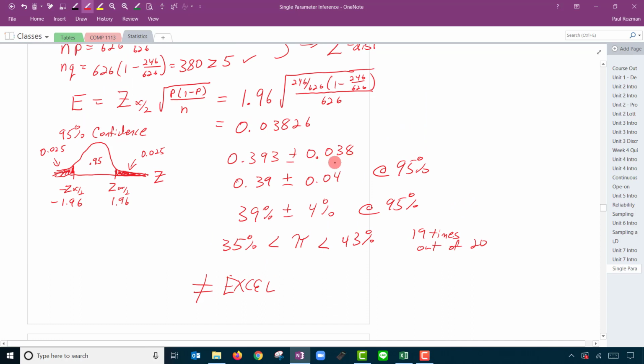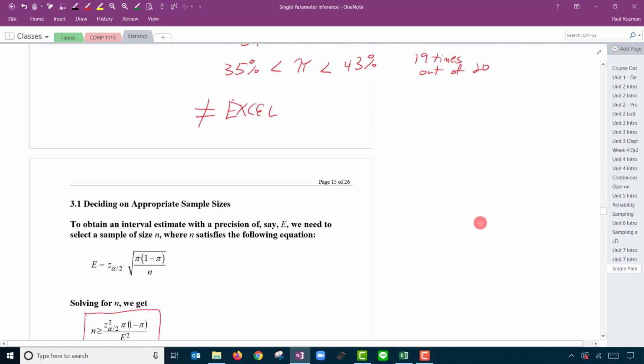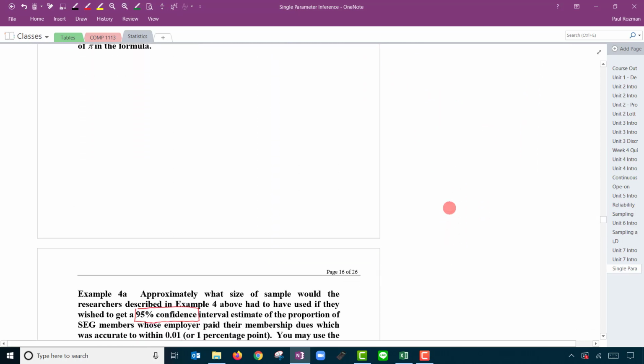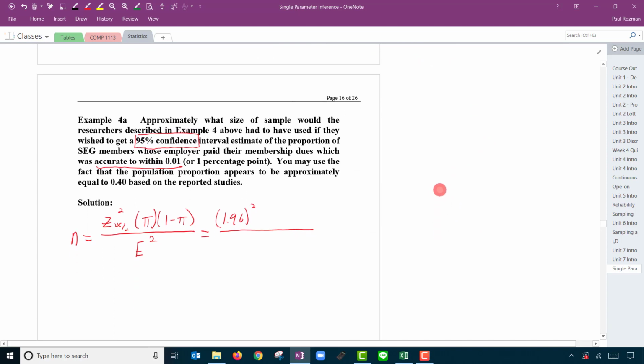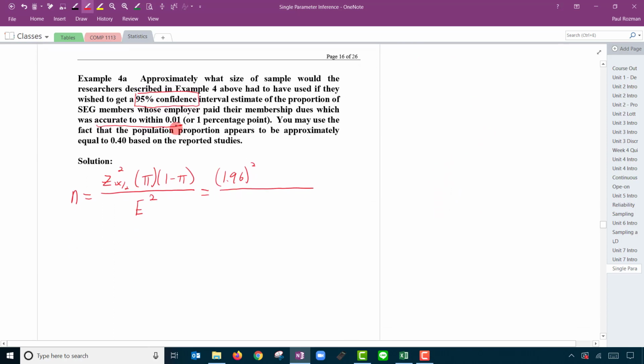So I know that this number is going to be bigger than 626 because 626 only got us down to roughly 4%. So to get down to 1%, what sample size would we need? So my error will be 0.01.